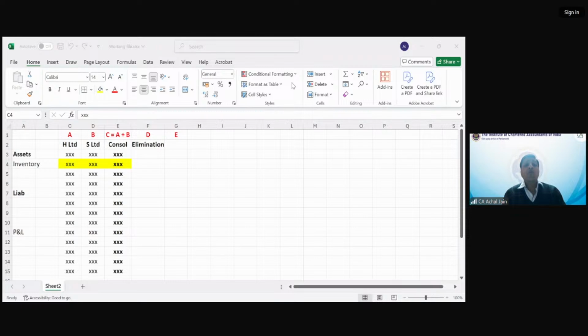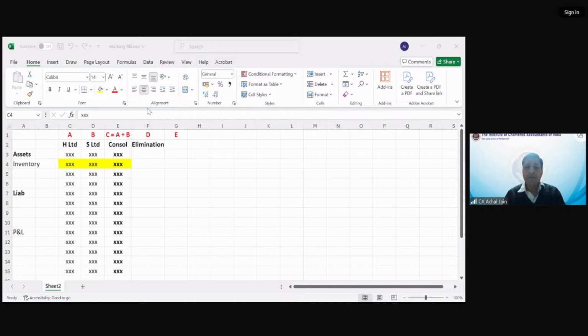And if these two were following different accounting policies, then their inventory valuation would have been different. Now, if you add two inventory balances for two companies which are following different bases of valuation, will it be appropriate? Do you think it will be appropriate? Will it make sense? The consolidated amount that you derive, do you think that will make some sense? The answer is no.